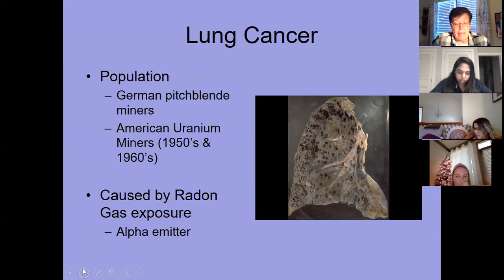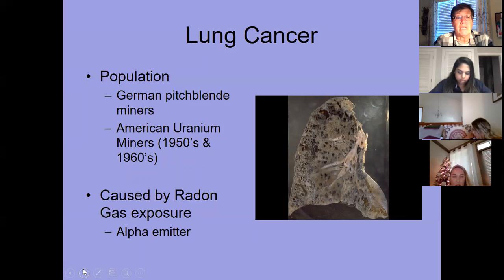It's estimated that the American uranium miners received doses in excess of 10 sievert. So that's a lot of radiation. But uranium itself is an alpha, beta, and a gamma emitter.